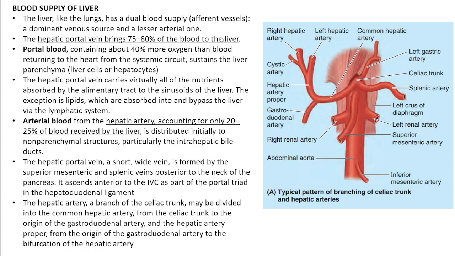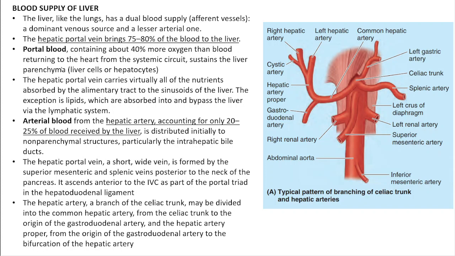Now, even though the portal vein is carrying venous blood, which is coming from the intestine, it still carries 40% more oxygen than the blood returning to the heart from other systemic veins. So this much oxygen, even though it is less than that present in the arterial blood, is enough to sustain the liver parenchyma.